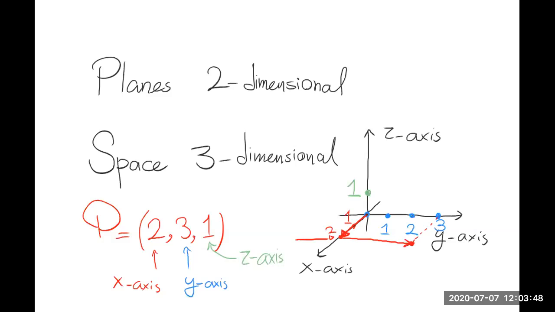And then the last coordinate is 1, parallel to the z-axis, so I would go up by 1. I'm going above the plane. Maybe I should go a little more to make it more visible. And that's where P is. I can complete this picture by drawing these things. Okay, I didn't do it well. Maybe here.